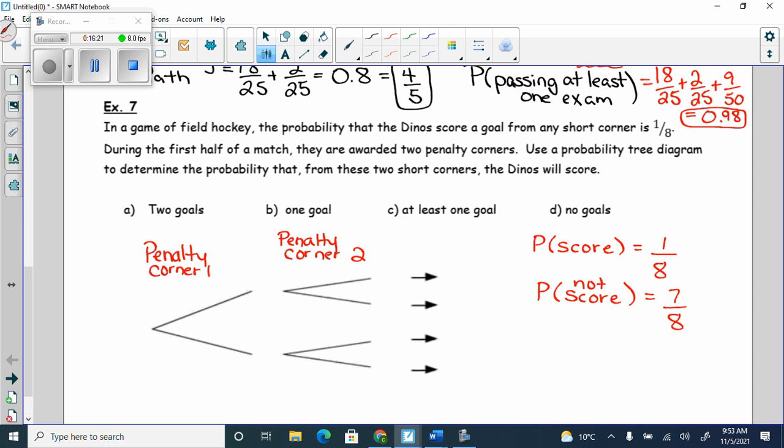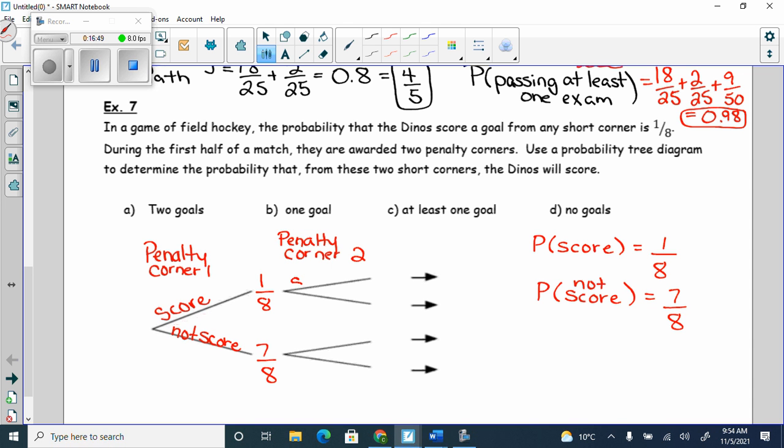So penalty corner 1, they could score. What's the probability of scoring? 1 out of 8. Or they could not score. What's the probability of that happening? 7 out of 8. Then what options do I have on these two? Score and not score on the penalty corner 2 kick, right?